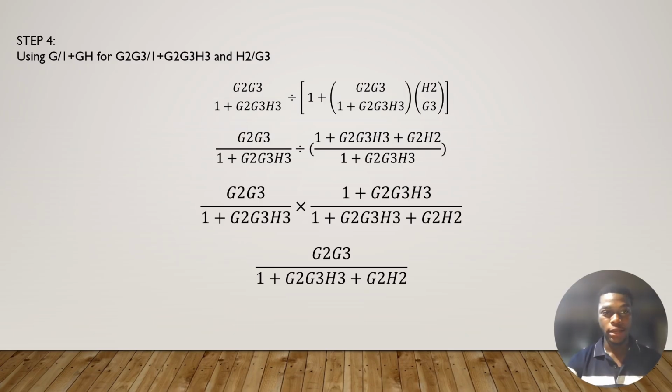Hi, I'm Albert, and I'll be taking you through step 4. At this stage, we have simplified the inner loop, but the system still contains additional elements, including G1 and feedback H2. We now carefully examine the remaining diagram to identify any further series or feedback relationships. We notice that the reduced block from the previous steps is connected in series with G1, meaning they can be multiplied.